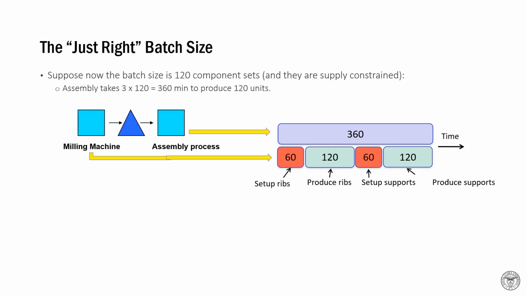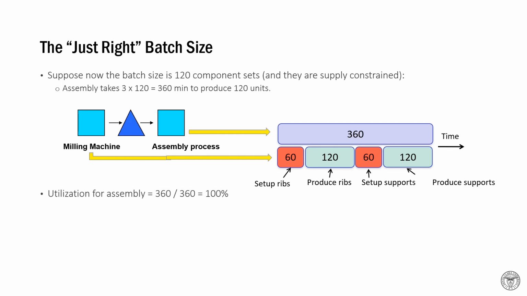Moving forward, let's delve into a scenario that achieves a just right batch size. Consider a situation where our batch size is 120 component sets, operating under supplier constraints. The assembly process in this case would require 3 times 120, or 360 minutes, to produce 120 units.